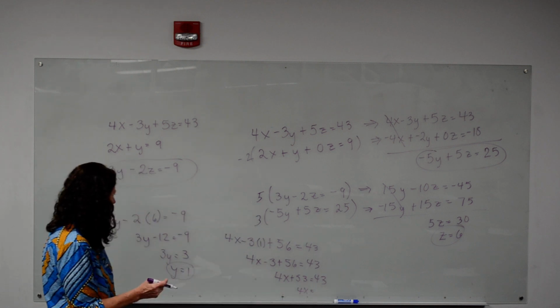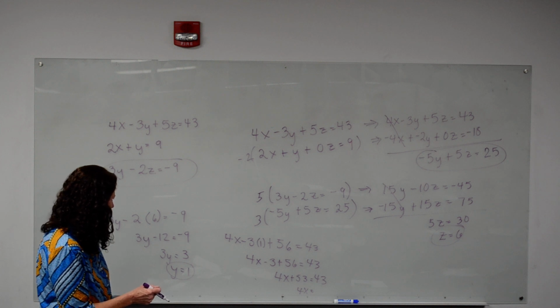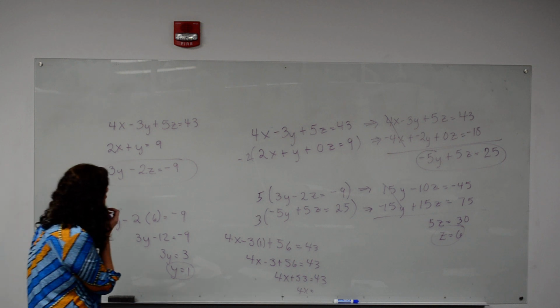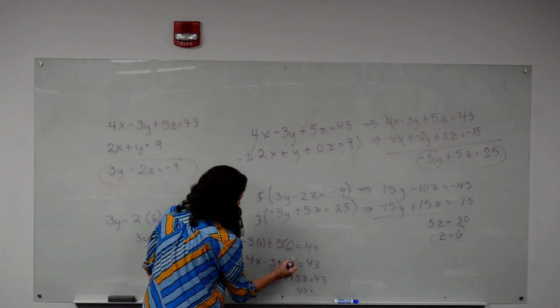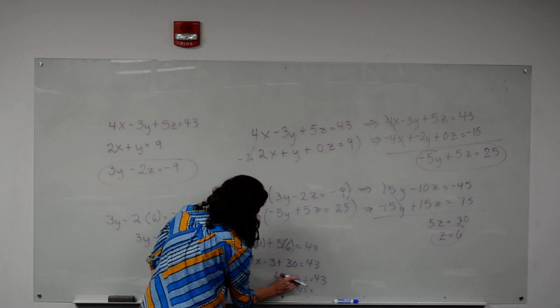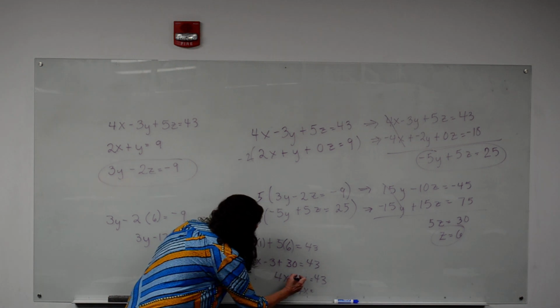Something went wrong somewhere. All right, hang on. Oh, it's 5 times 6, that's why. This is 30. So that's going to give me a 27.